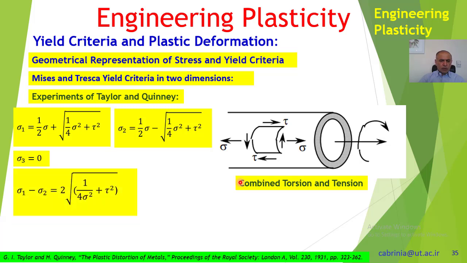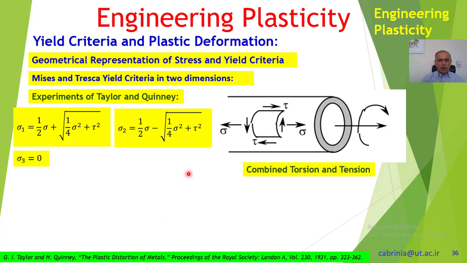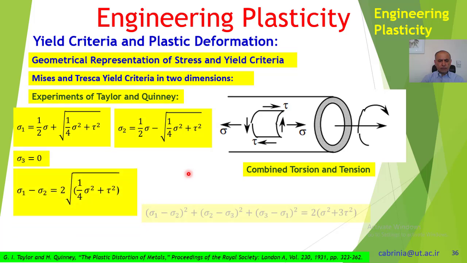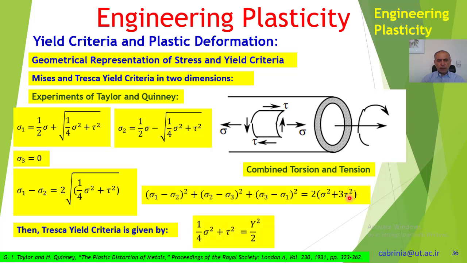Okay, so once you get the principal stresses, then we could get sigma 1 minus sigma 2 and put it in this relationship, which was for the yield criteria, and you get this value 2 sigma squared plus 3 tau squared, and therefore you get a quarter of sigma squared plus tau squared equal to Y squared over 2.